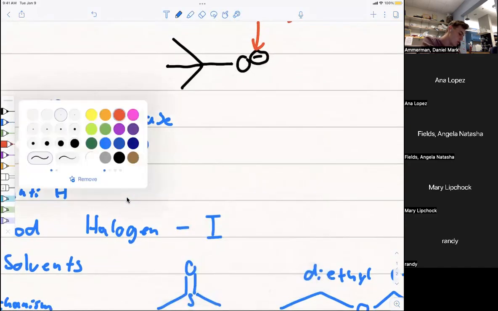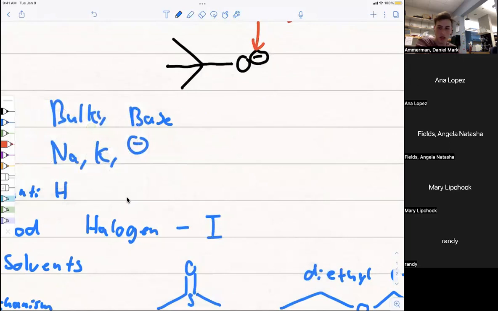So if we're using a bulky base, it's going to be hard for that base to get in at the leaving group and make the more substituted pi bond, because we end up with a lot of steric hindrance when we try to do that.